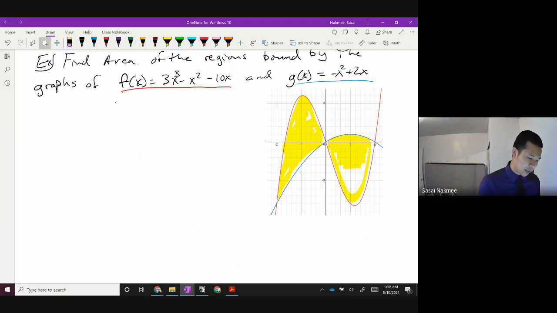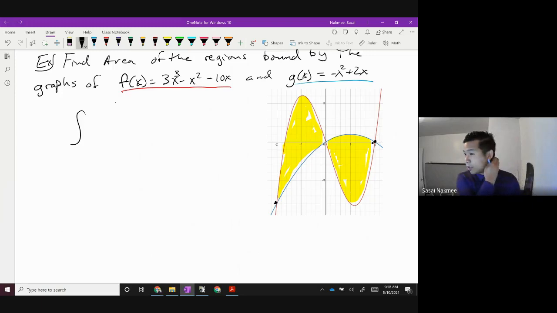Now what we need to do is to find out where those points intersect. Now, if the function crossed like this and the top function remained the top function all the way through, we could have just done the integral from wherever it starts to wherever it finishes. But since it switches like this, we're going to have to do two regions.